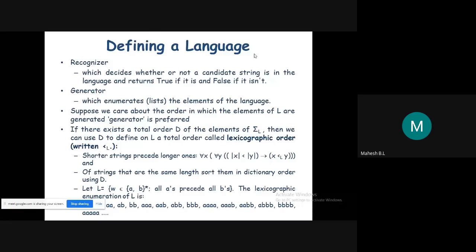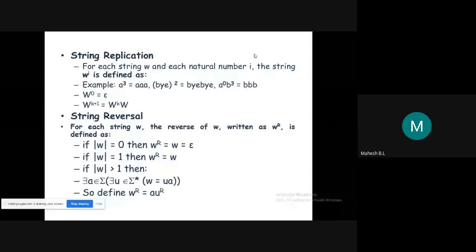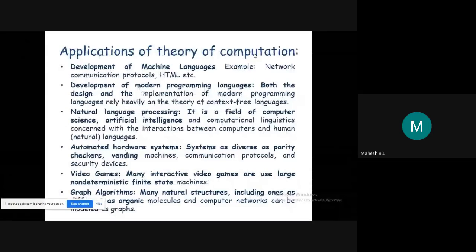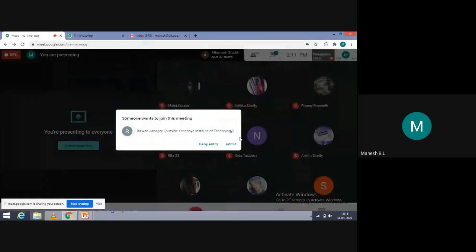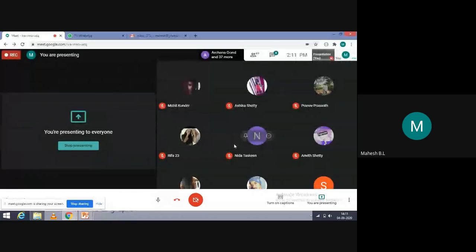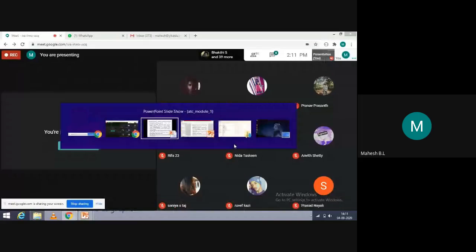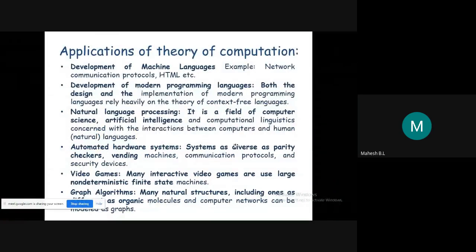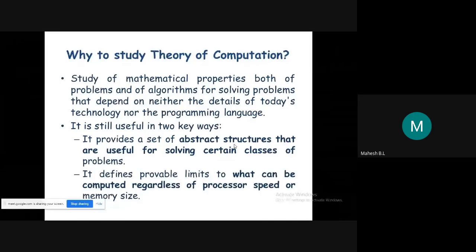So, in the last class, we discussed some of the topics. We discussed all these topics: applications of theory of computation, why to study theory of computation.